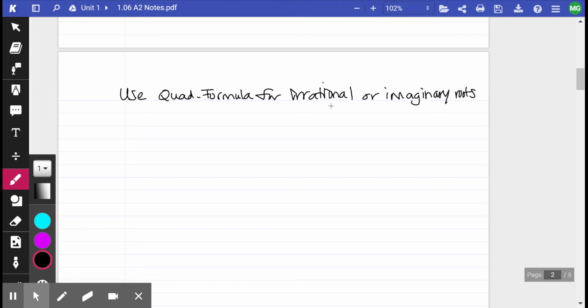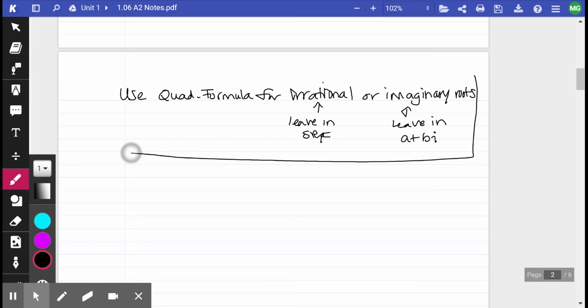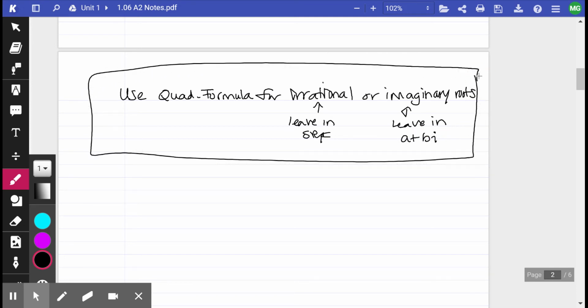So if it says leave in simplest radical form, SRF, simplest radical form, or if it says leave in A plus BI form, that's imaginary, those are big hints to us to say, this isn't going to be factorable. You need to use quadratic formula or completing the square.